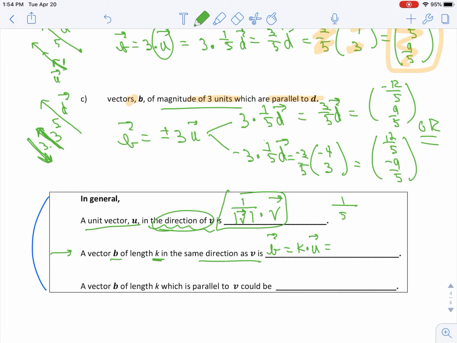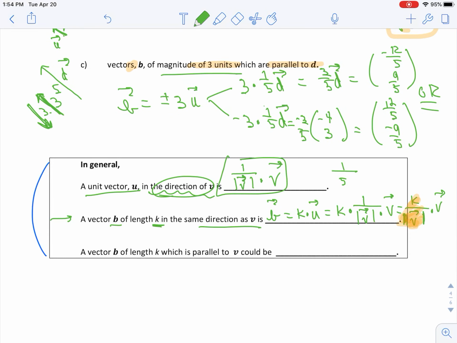So it's K times 1 over the magnitude of vector V times vector V, which simplifies to K over the magnitude of V times vector V. Notice that this number right here is a scalar because the magnitude of V is a number. So that's a scalar times a vector.